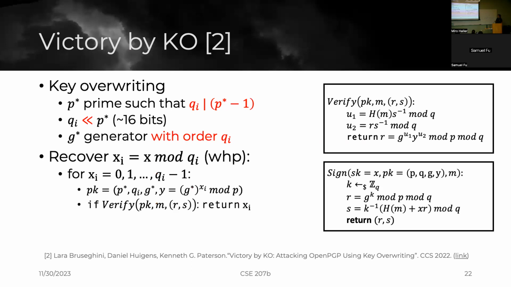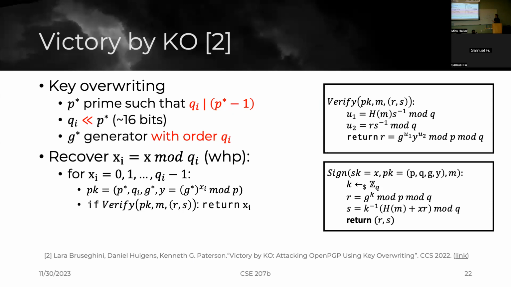And then you pick a generator in that subgroup, and you're overwriting this. So now this Q is a factor of p-1, which is correct. It's just way smaller now. Instead of way bigger, it's now way smaller than a normal Q, but the libraries check for it to be too big. And since you're in a smaller subgroup, the discrete logarithm problem also becomes easier.